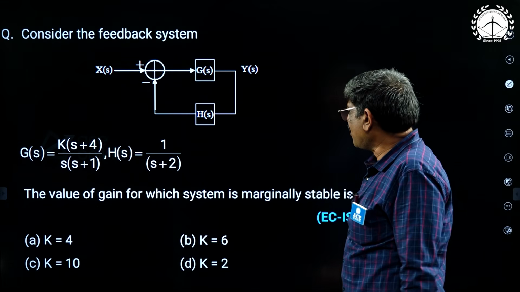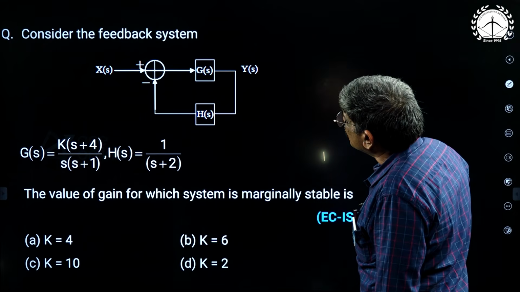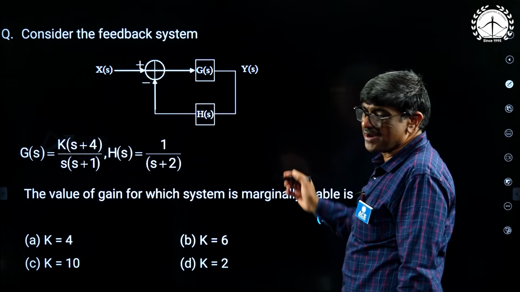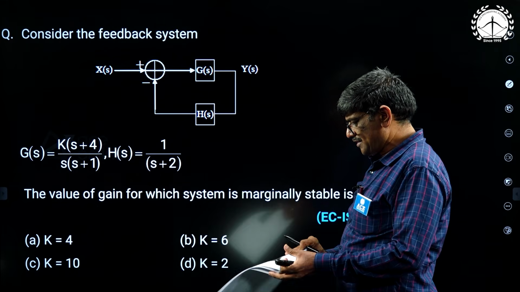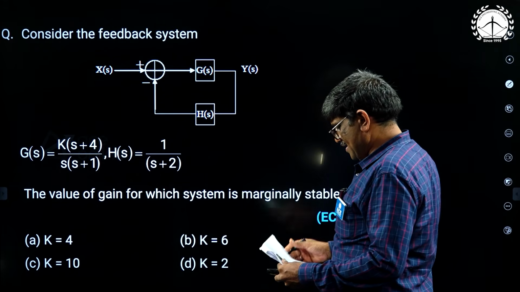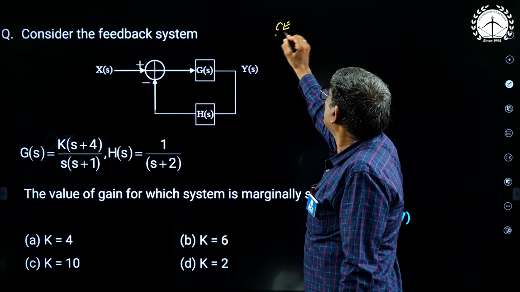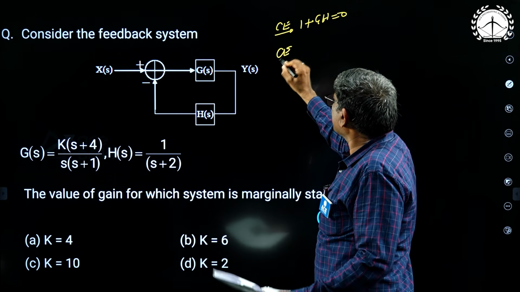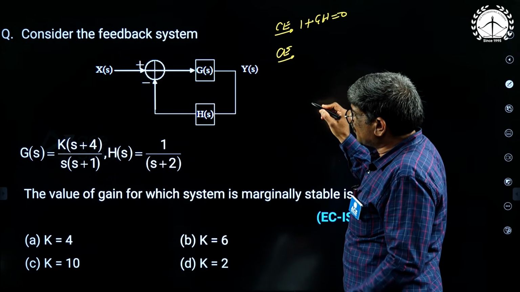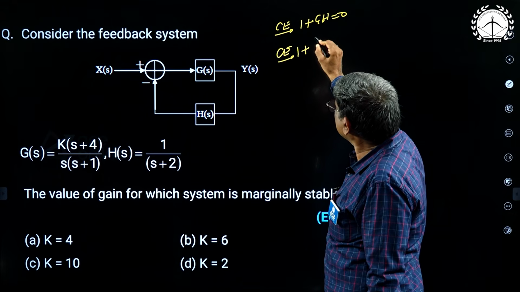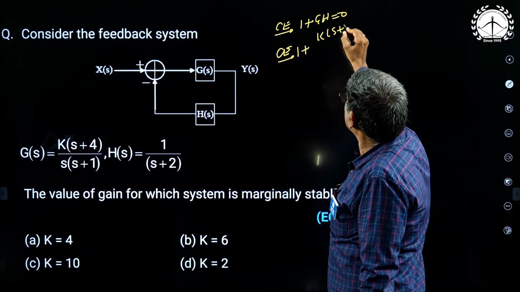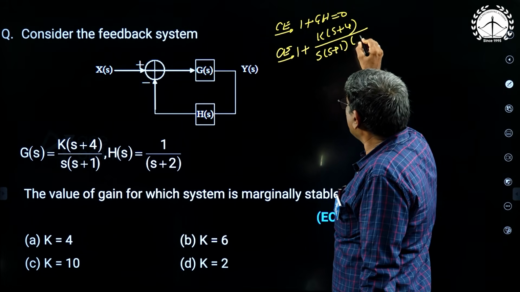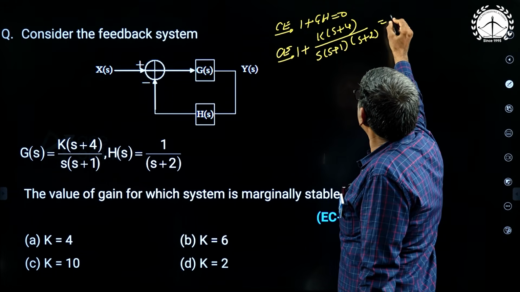Next, unity feedback, all these are for ECE I am discussing. So consider the system, value of K for marginal stability, same RH criteria only. So you can solve by yourself simply. What is the characteristic equation? 1 plus GH equal to 0. 1 plus GH equal to K into S plus 4 divided by S into S plus 1 into S plus 2 equal to 0.